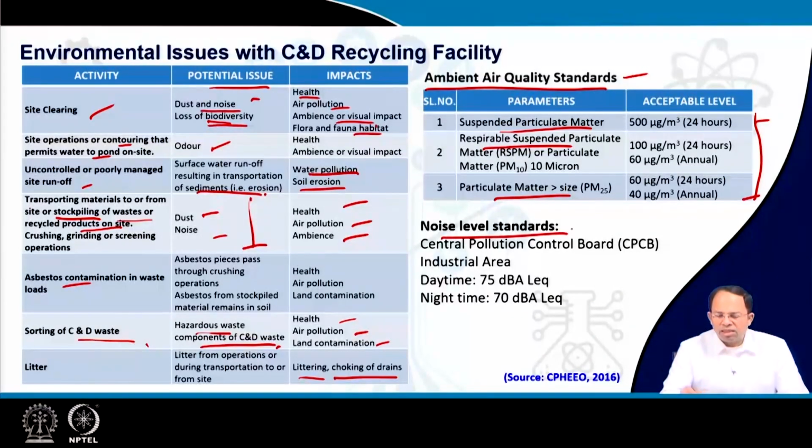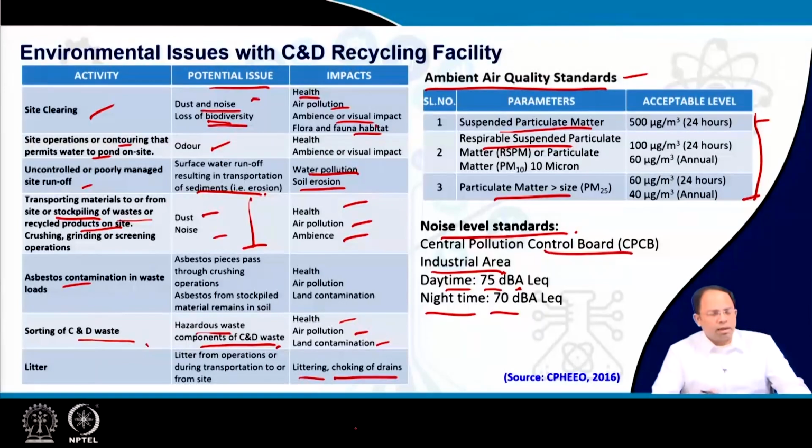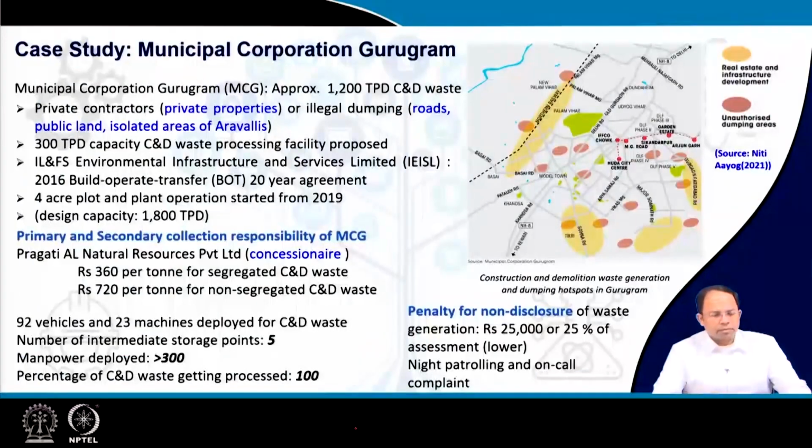And similarly, for noise level standards, it's similar for industrial areas, and as given by CPCB during daytime, the maximum noise allowed is 75 dBA Leq. So, this is the acceptable average decibel level, and for night time it is 70 dBA. So, this is what we have to be careful about when we are setting up this kind of facilities.